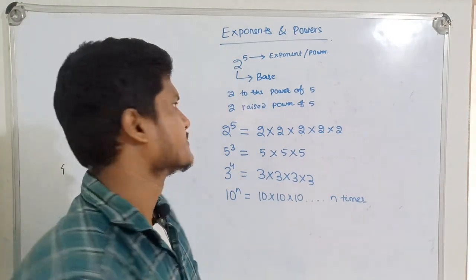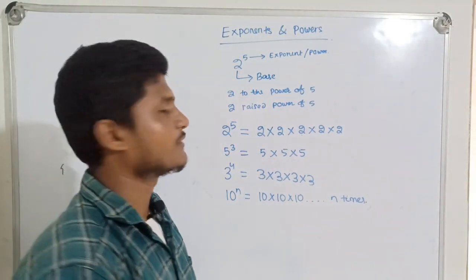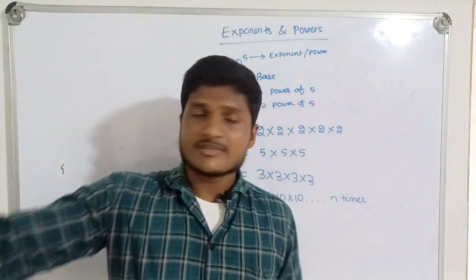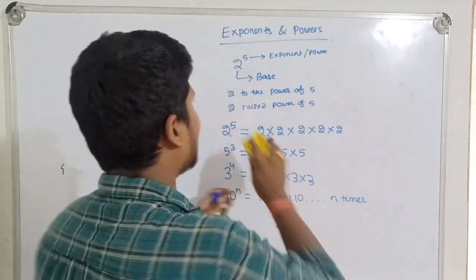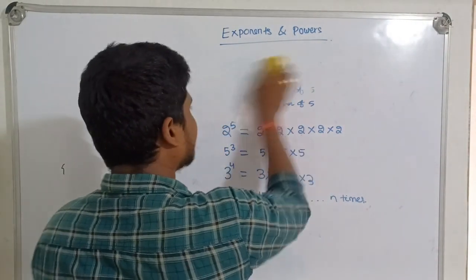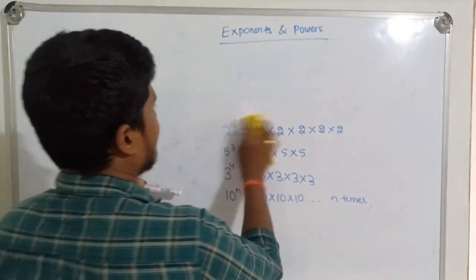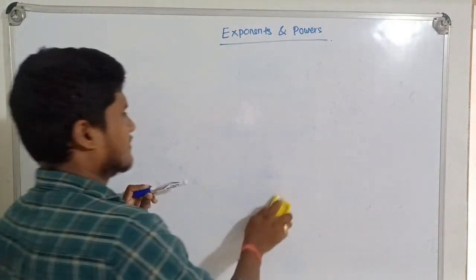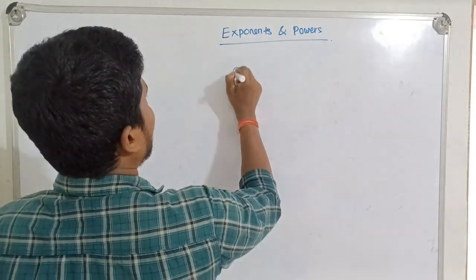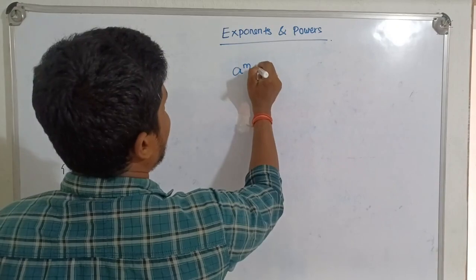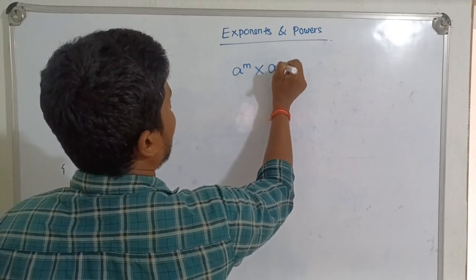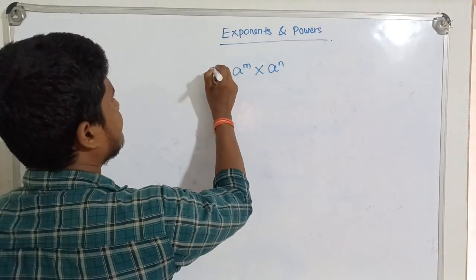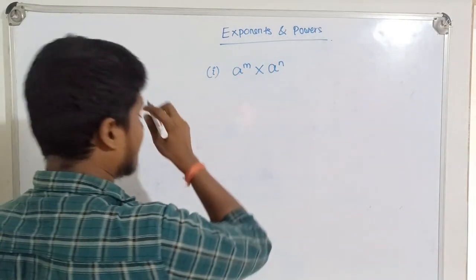Now let's move to some formulas which are very important to us. a to the power m multiplied with a to the power n. Look at this formula, observe carefully.